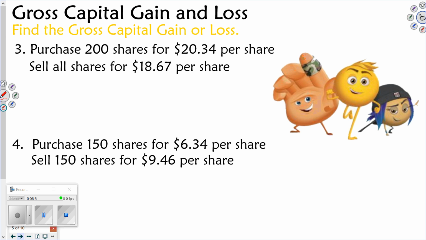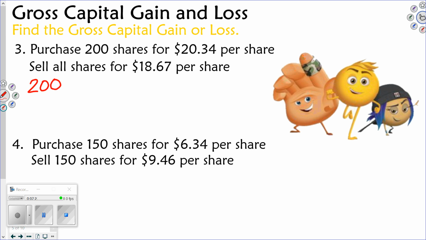So number 3, you purchased 200 shares for $20.34 per share, and then you sold all your shares for $18.67 per share. That's going to be a loss. Good. But do I have to do a little more math in this one than the last one? Yeah, because how much did I pay to purchase them? Yes, I'm going to have to multiply that.